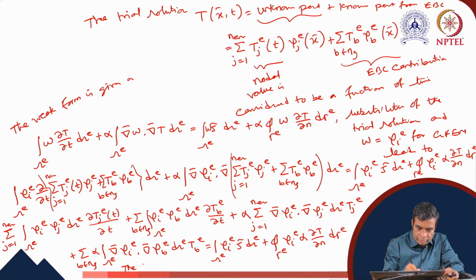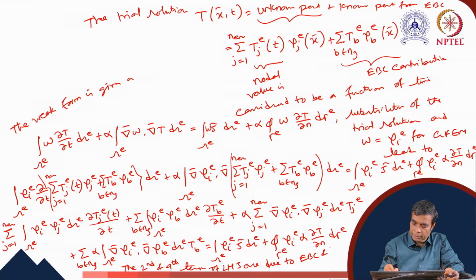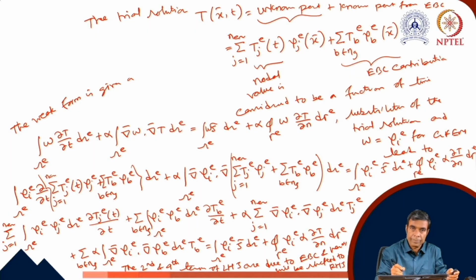The second and fourth terms of LHS are due to EBC and hence will be shifted to the right hand side. Here it is integration over omega^e.